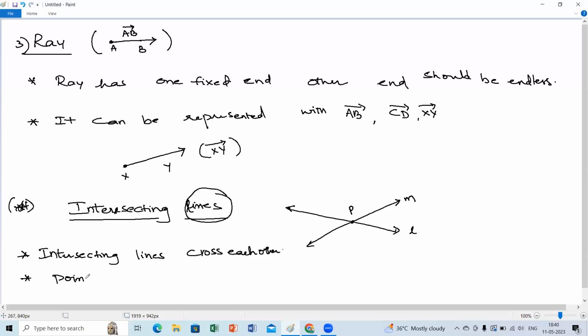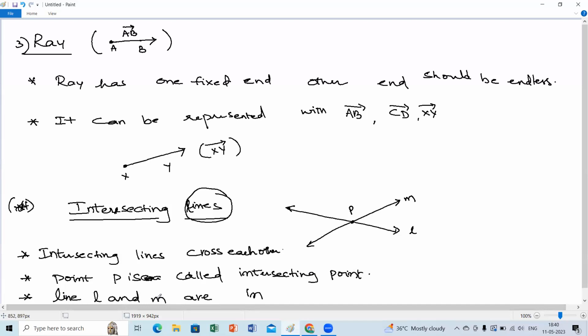Point P is called the intersecting point. Lines L and M are intersecting lines. Intersecting lines means they will meet at one point. That's the only thing you need to remember, children.